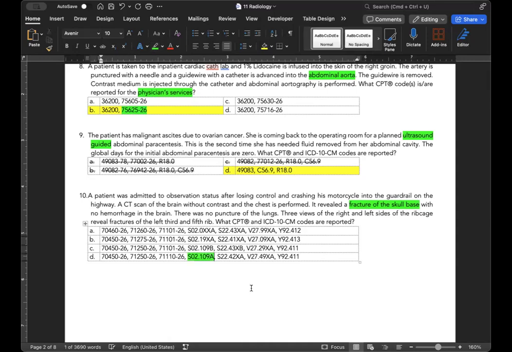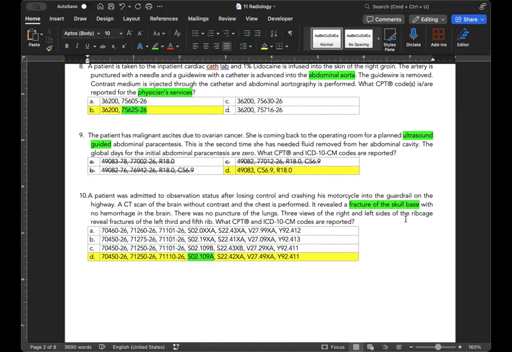So guess what? You've got your answer. You don't even have to look at anything else. So without looking at anything else with this one, you've got your answer. Because again, your S02.109, then you just had to determine which 7th character is appropriate.